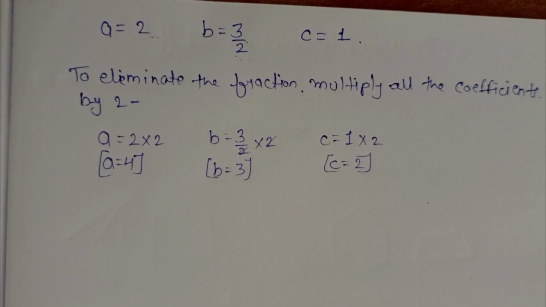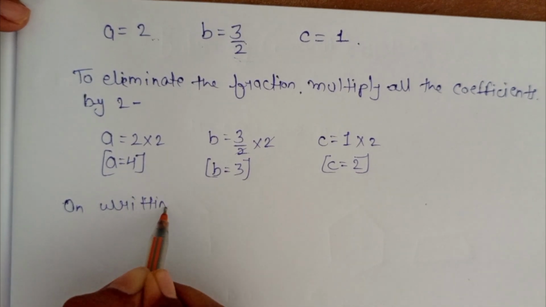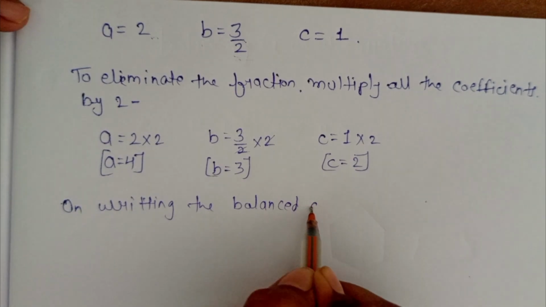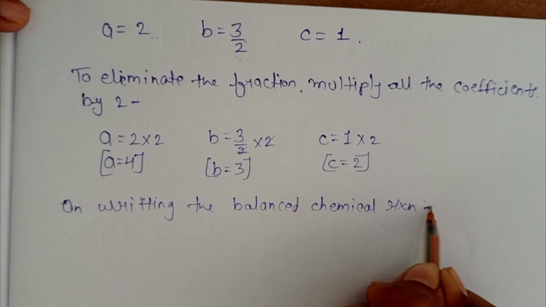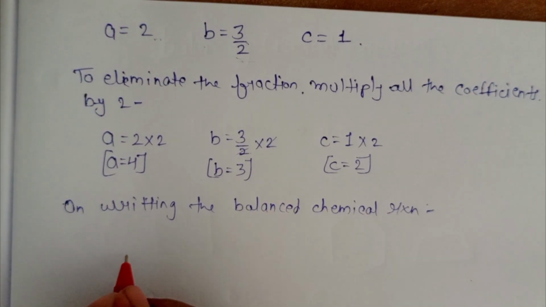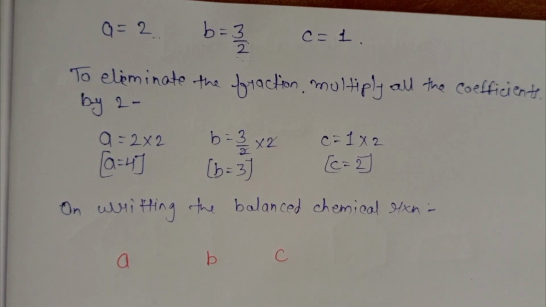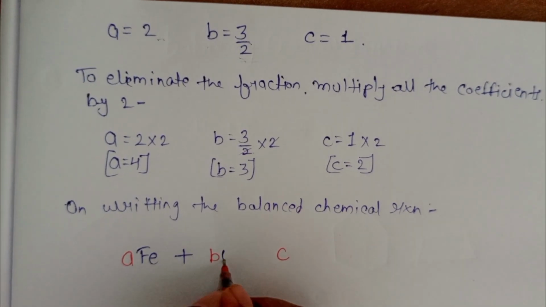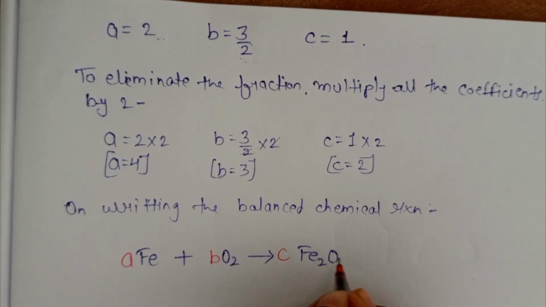So on writing the balanced chemical reaction, what we have after assigning the coefficients A, B and C is A Fe plus B O2 gives C Fe2O3.